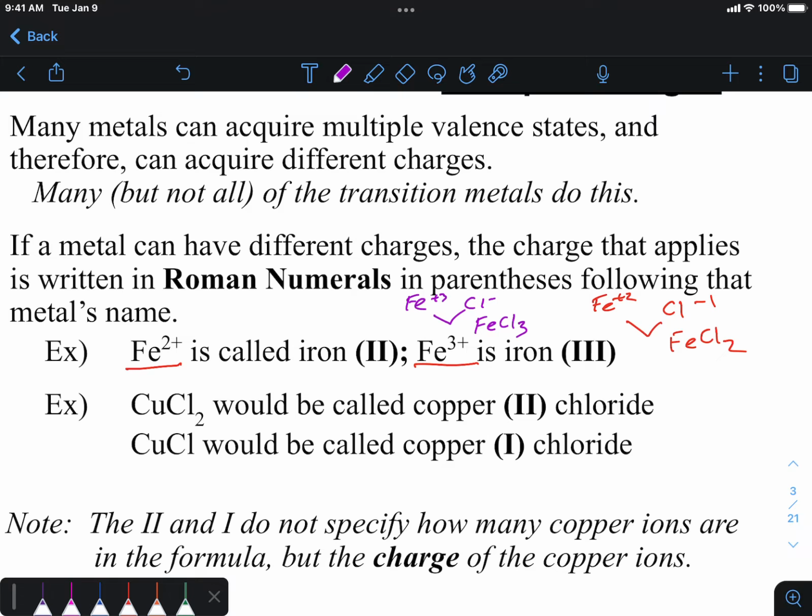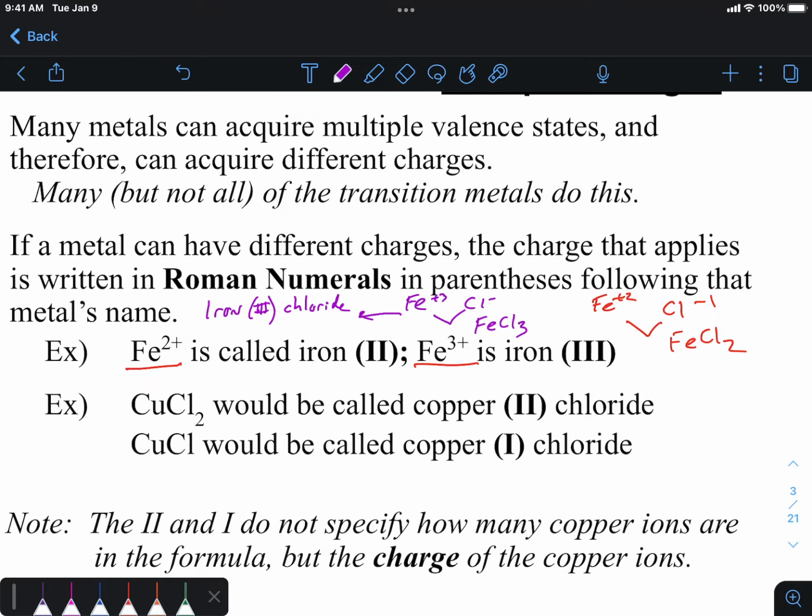So how we name them is whatever the charge is on the metal, we use that in Roman numerals. And so this one here would be called iron, and we would use Roman numeral 3 before we use the word chloride. So the name is iron 3 chloride.